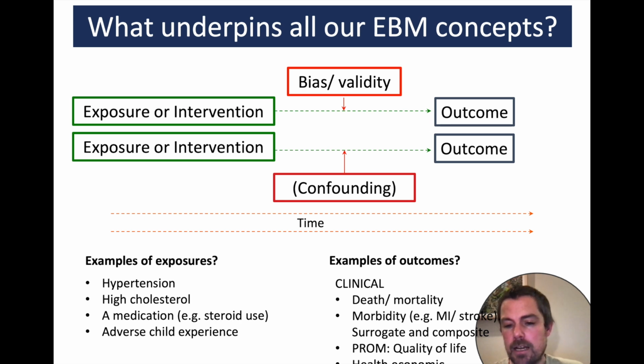There's lots of other types of outcomes, for example, health economics. There's a whole health services research discipline that will support analysis of cost effectiveness based upon clinical studies. So those are the examples of exposures and outcomes.